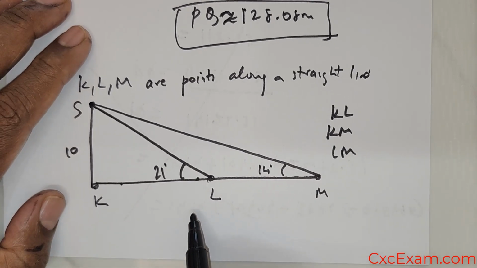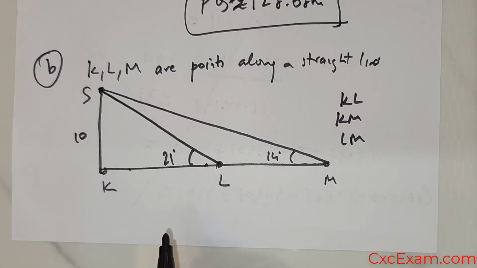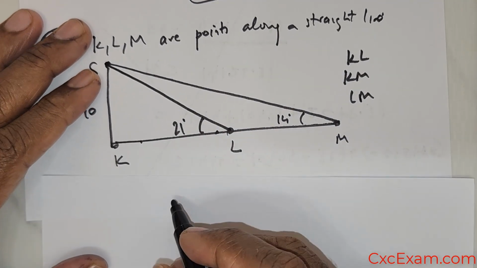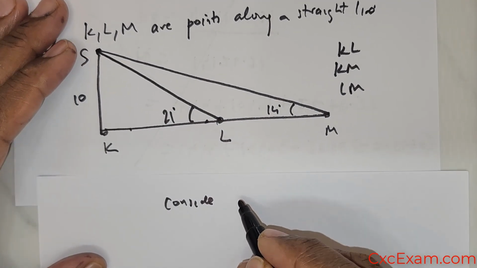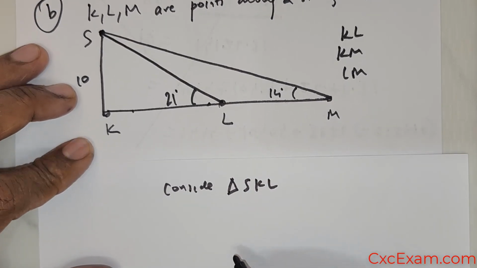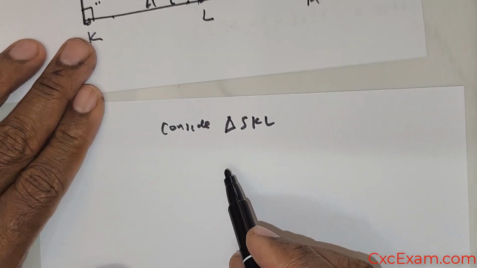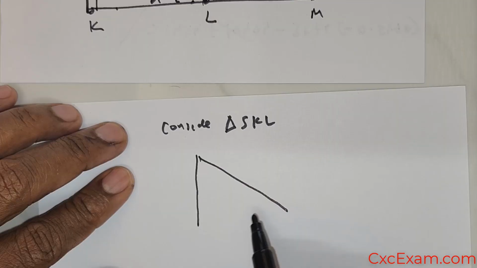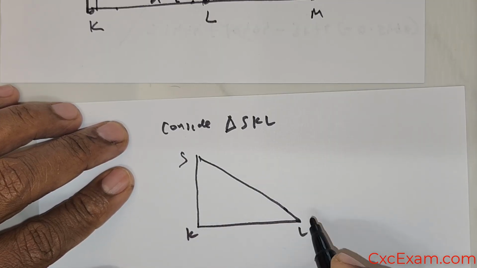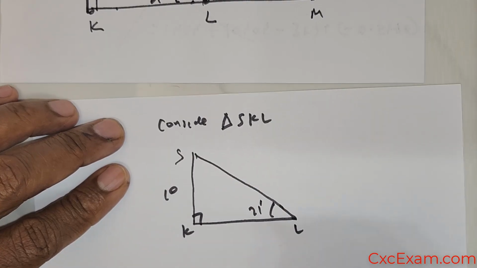Now to get KL, I am going to consider this triangle. So let me go to the next page. I will consider triangle SKL. This angle at K is 90 degrees, this side is 10, and this angle is 21 degrees.